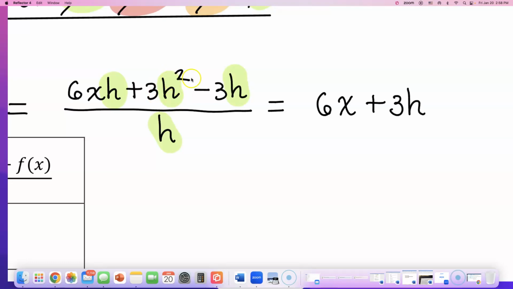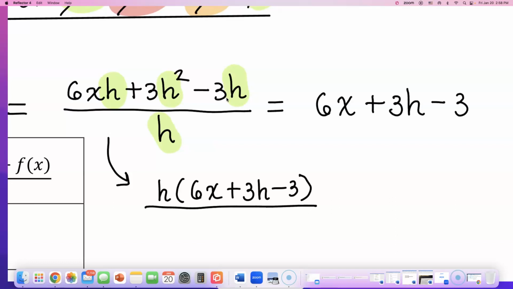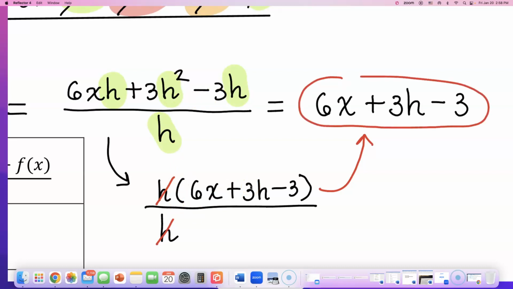It still has one h left over. And then minus 3, the h is canceled out. What I did over here is I factored out the greatest common factor of h, and then canceled the h out. We can do that mentally instead of writing a second line, but this is the difference quotient simplified.